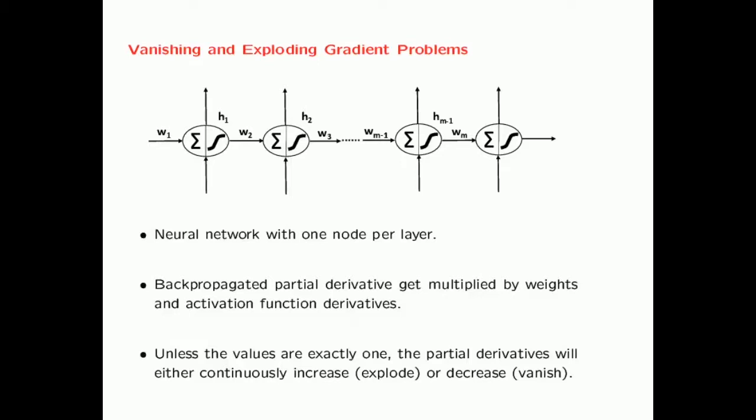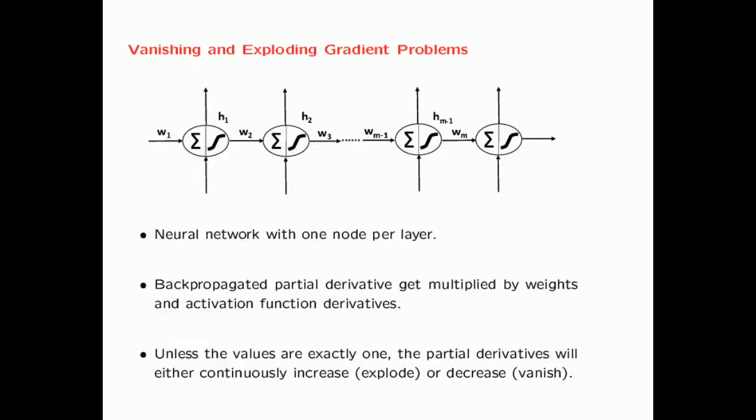Now unless the product of these two values is exactly 1, the partial derivatives will either continuously increase or they will continuously decrease. Typically, it is very hard to have a situation where these two values are always 1.